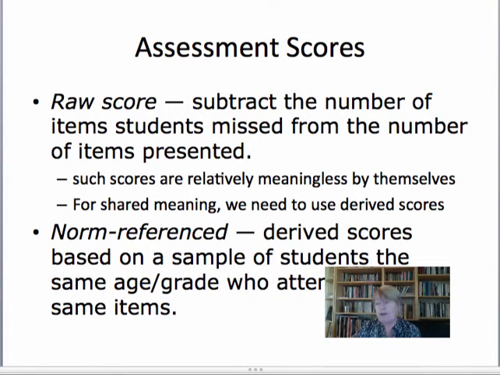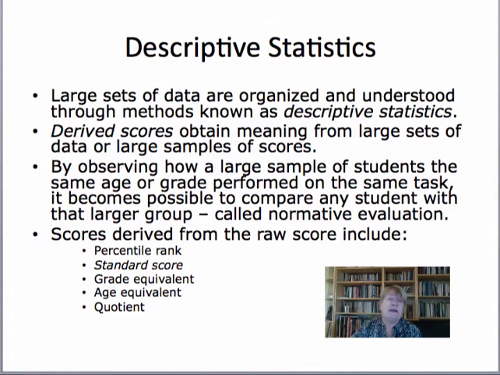In order to understand what a score really means, we need to compare it to other scores. We need to have a norm to reference it to. And that's what test makers create for us, is a set of norms to reference anyone's individual score to. They do it through a process called descriptive statistics.